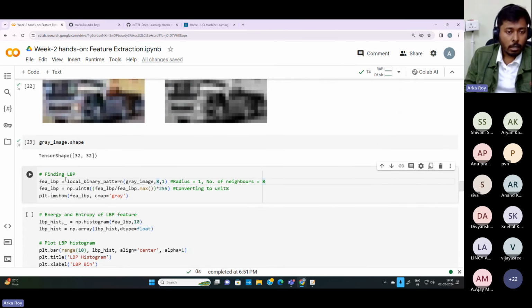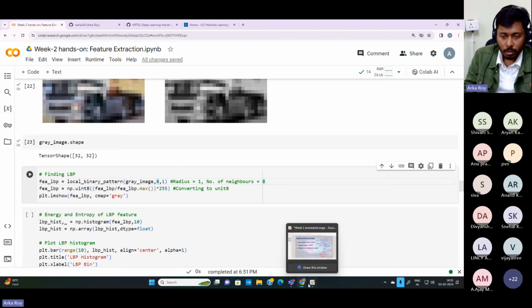After that, as we'll be using local binary pattern, we have a function for that. For local binary pattern, you feed in the image. Now, in the last class, I showed you an example.